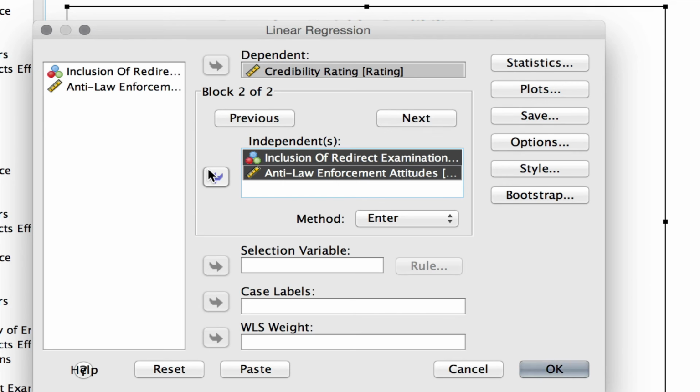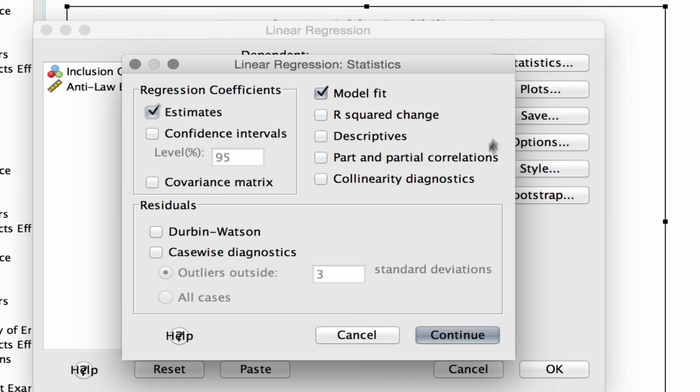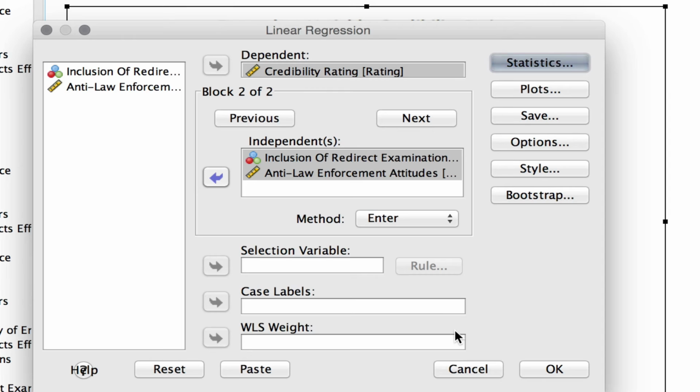If our experimental effect can explain variance above and apart from our covariate, then we can say our experimental effect is significant. So to look at the change specifically, we're going to go to Statistics. We're going to ask for R squared change, the amount of change in the variance we can explain. So with that, we're just going to continue and hit OK.